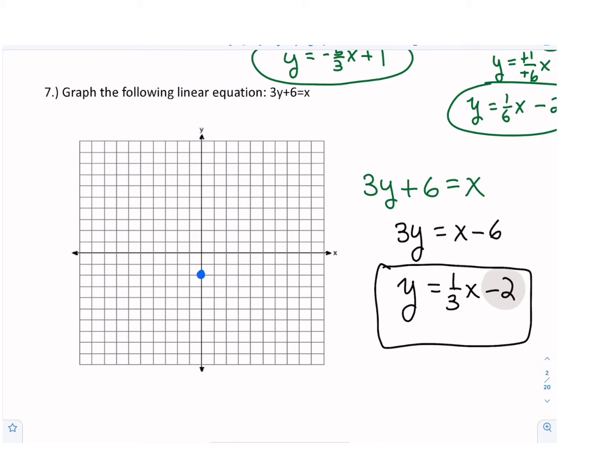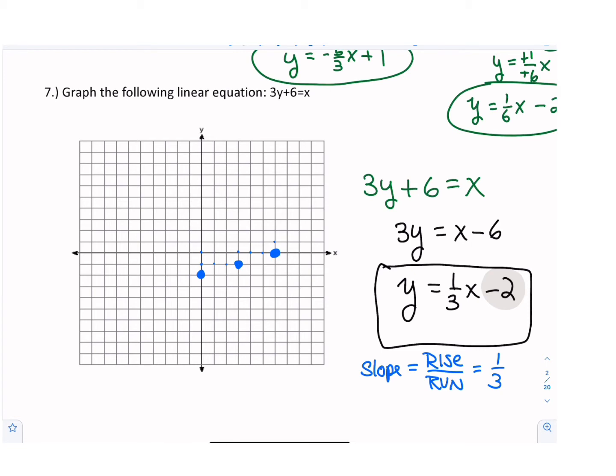Starting with the y-intercept of -2, we're going to go on the y-axis and find -2, which is right here because I went from 0 down 2 units. And we're going to use the fact that the slope is equal to the rise over the run. From that starting point, we have a rise of 1 and a run of 3. So we count up 1 and over 3, get a point. Up 1 over 3, mark another point.